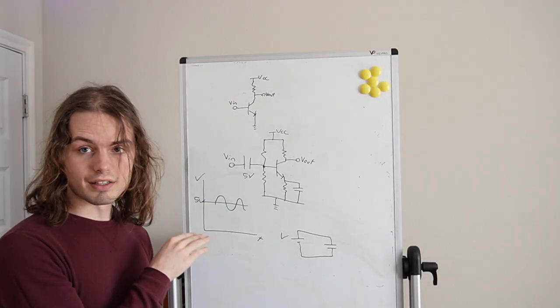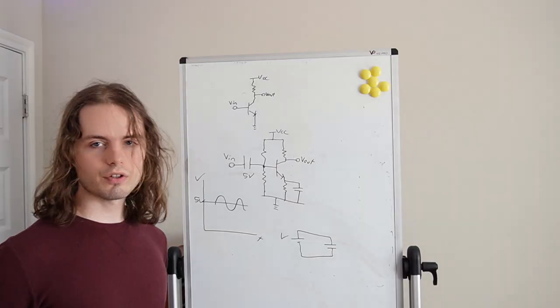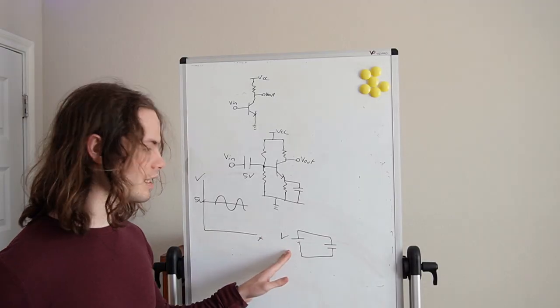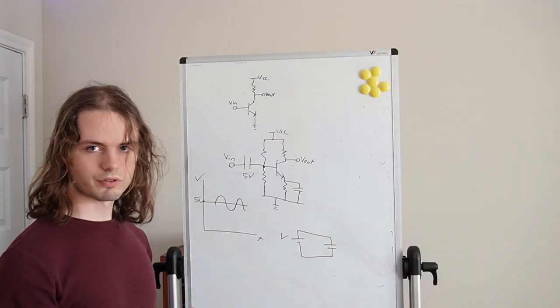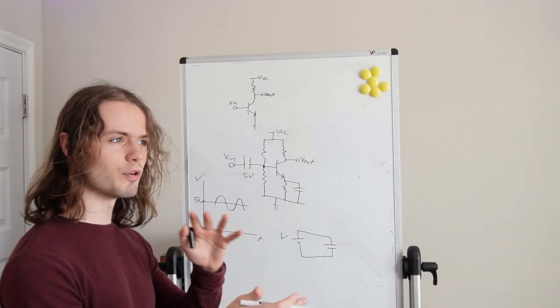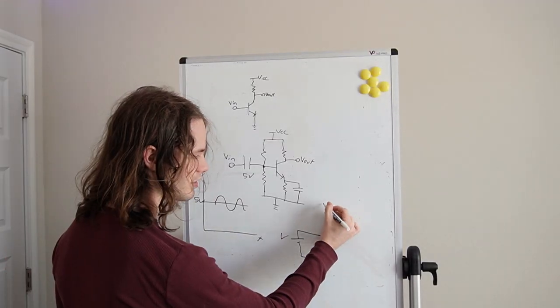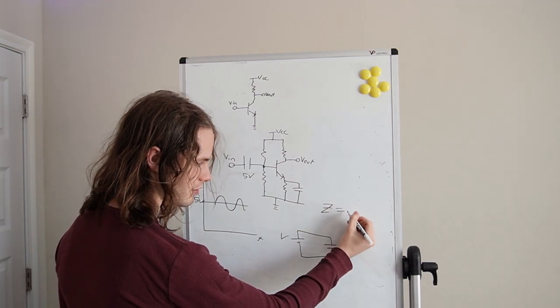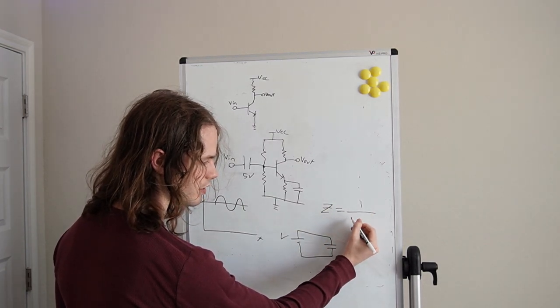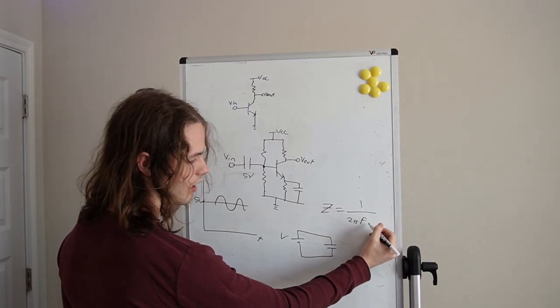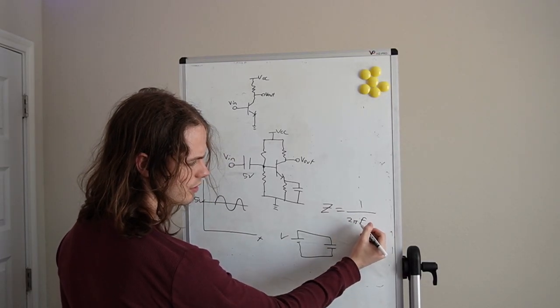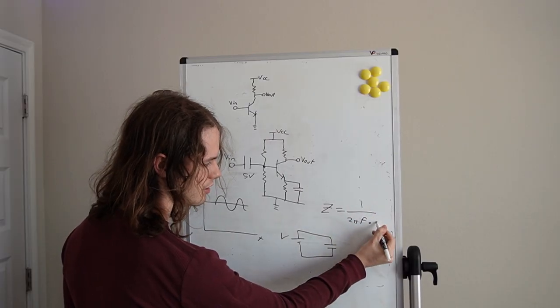Now what happens to the AC signal? Well, you can model a capacitor not just in the DC, but in the AC. And what a capacitor goes to is this equation here. Its impedance is 1 divided by 2 pi f times C, where f is frequency.